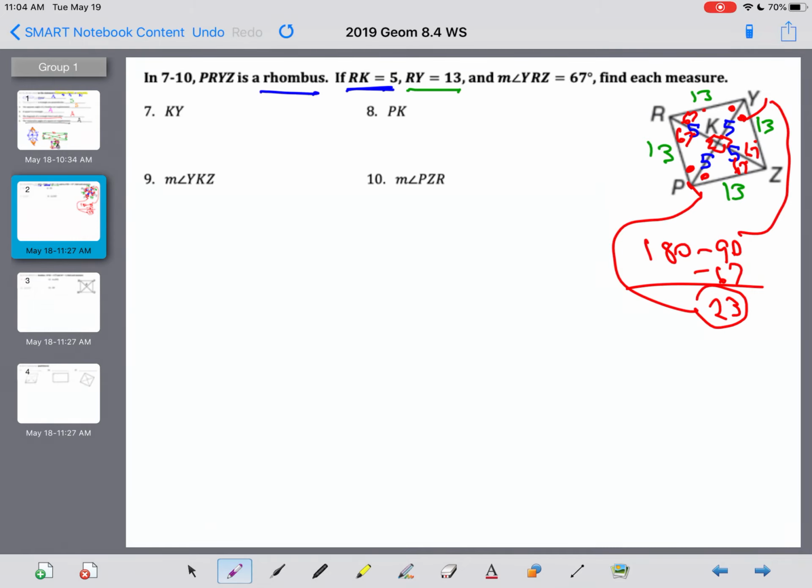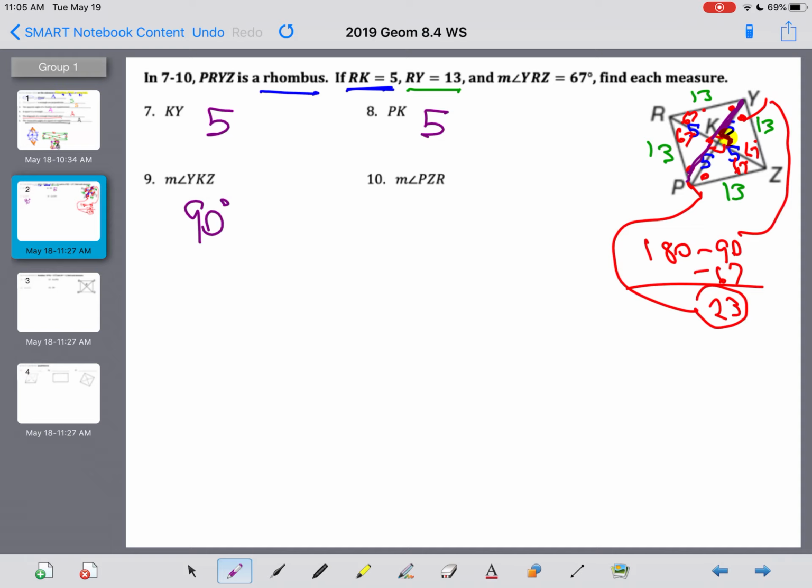So KY. KY is right here. It's got to be 5. PK. PK is right here, also 5. Angle YKZ is right here, this angle right there, and we know that that is 90 degrees.